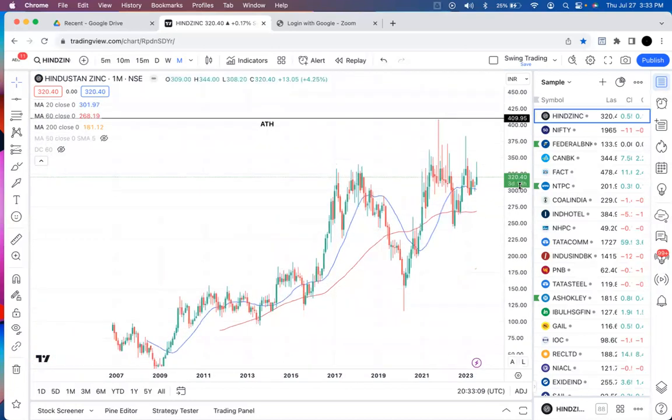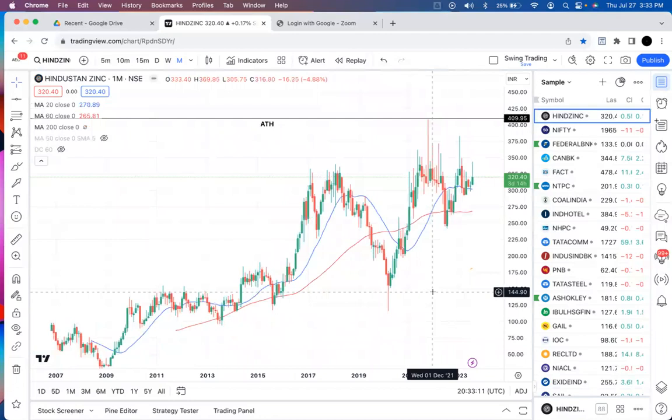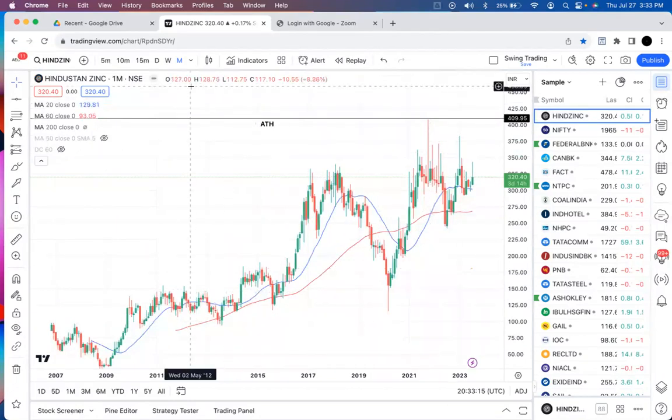Now, please note that when you're talking about 200 period moving average, I'm using the monthly chart here, and some companies do not have a history of 200 months of trading, which is several years. And some countries don't have that many years of trading, I think 15 or 16 years, something like that.